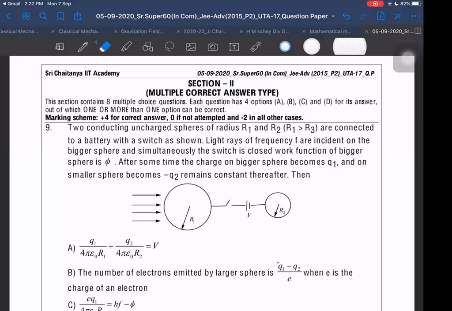It will stop emitting the electrons when it will acquire stopping potential. Stop emitting means it will emit, but number emitted will be equal to number coming back. So it will be like an equilibrium. That will happen when it acquires potential V. And that potential which it acquires relative to vacuum.